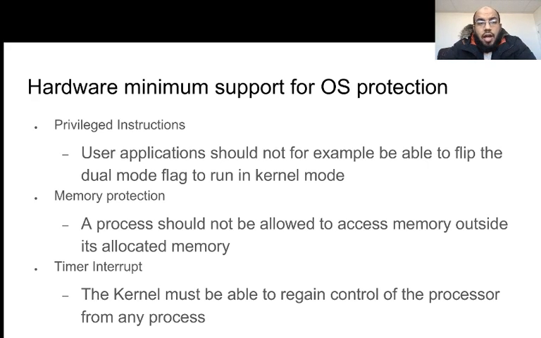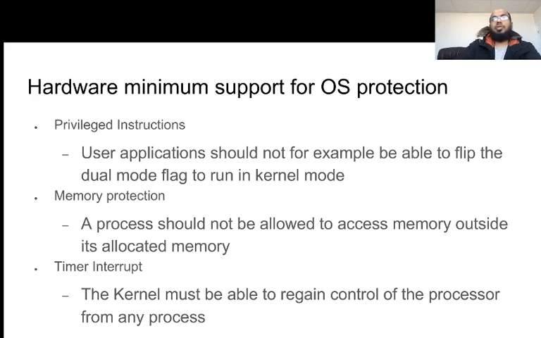Now we have talked about privileged instructions, where only the kernel can run these instructions. We have talked about memory protection with the allocation, and there's what we call the timer interrupts. Basically, the kernel must be able to regain control of the processor at any time. This is again a protection.